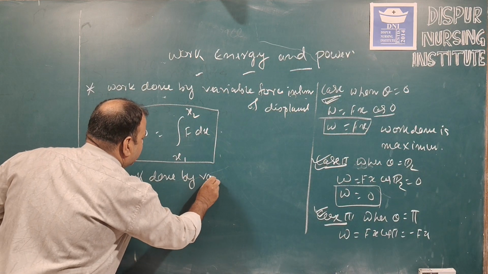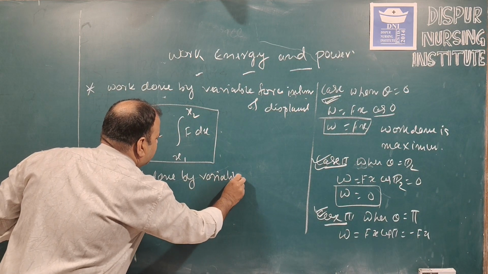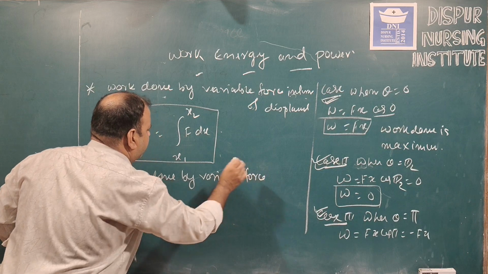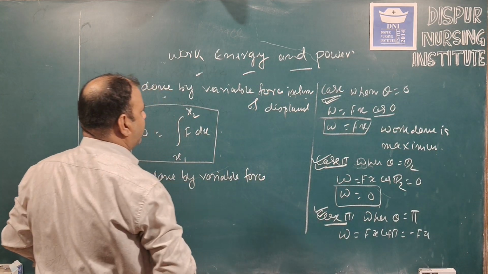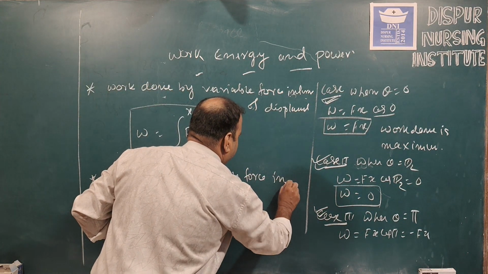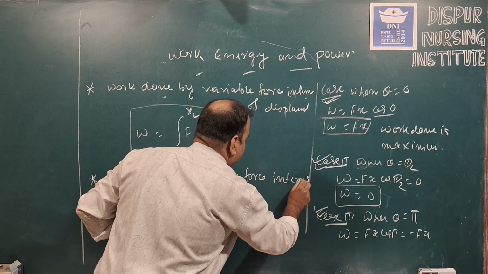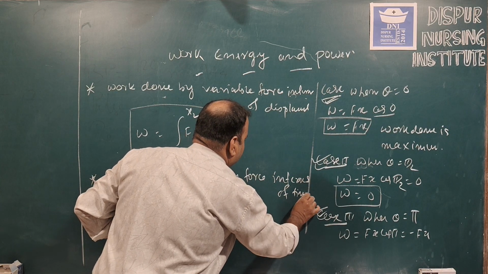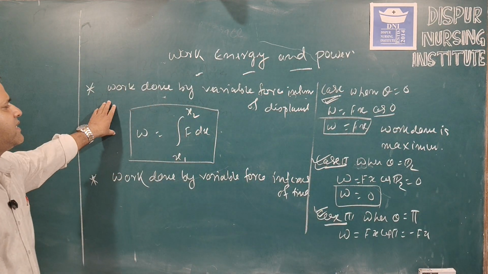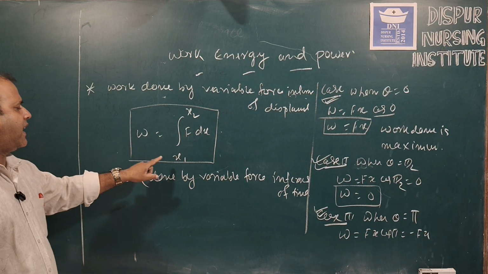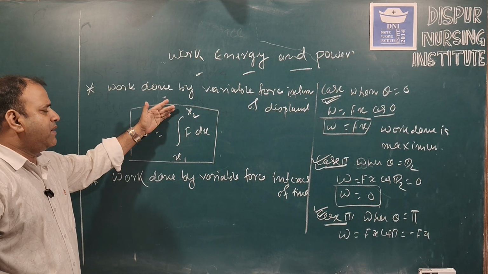Similarly, you can see work done by variable force in terms of time. In the earlier case it is displacement, that is why I have written lower limit x1 and upper limit x2.